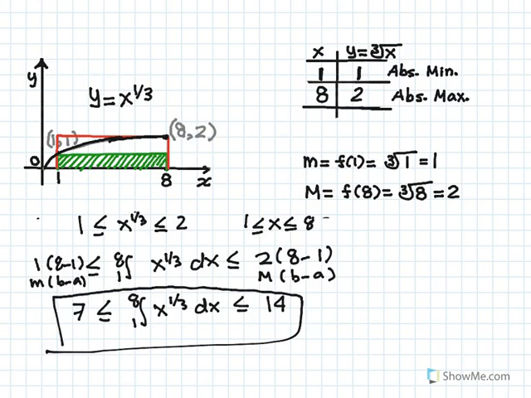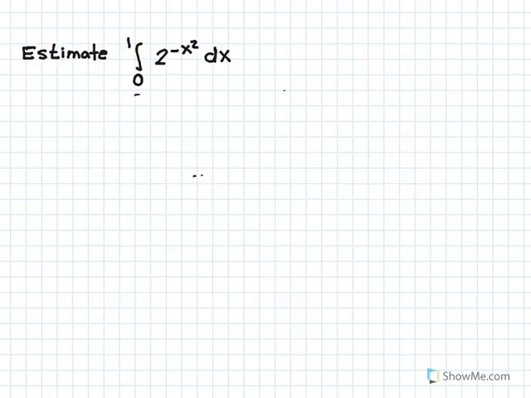All right, let's look at another example. Here we have estimating the integral from 0 to 1 of 2 to the minus x squared dx. The first thing we notice is that this is a negative exponential. It is decreasing. So let's actually do a graph of this and show that it's decreasing. When x is 0, the y value is 1.